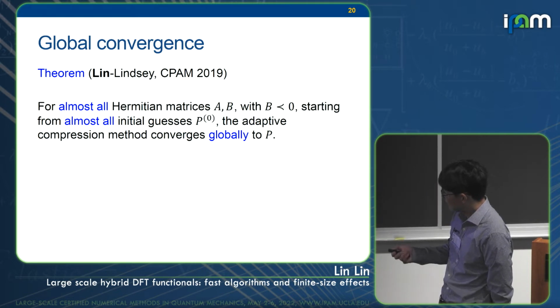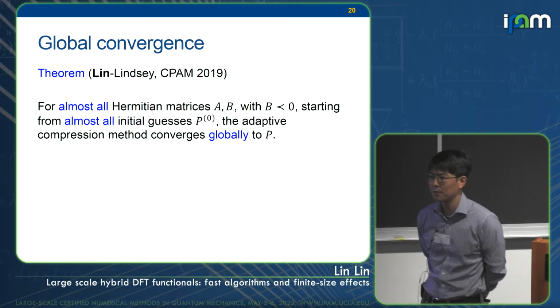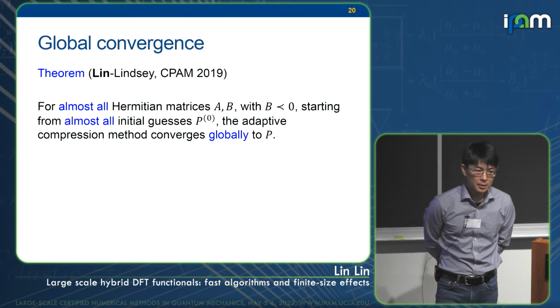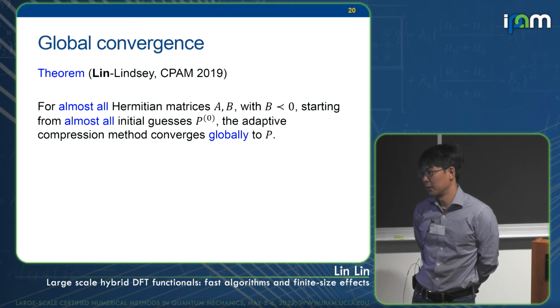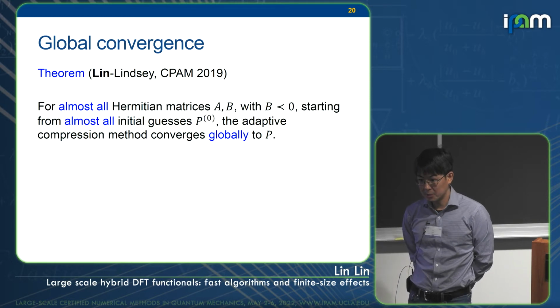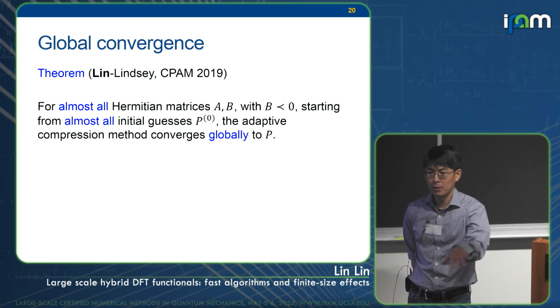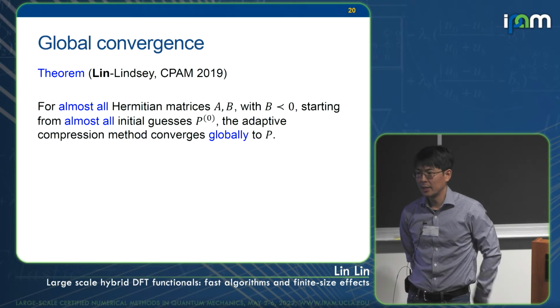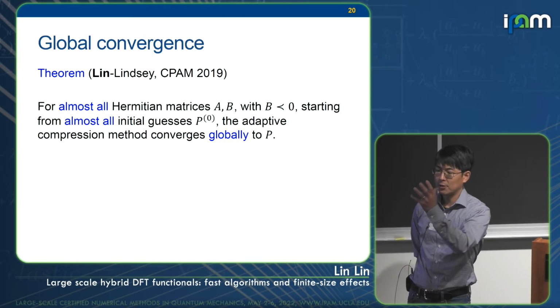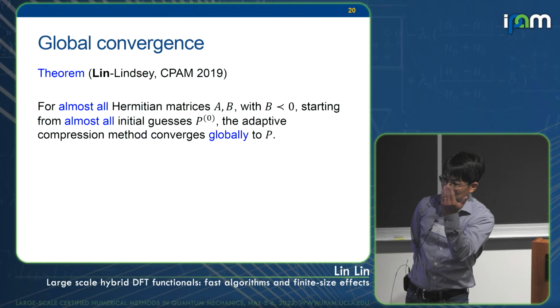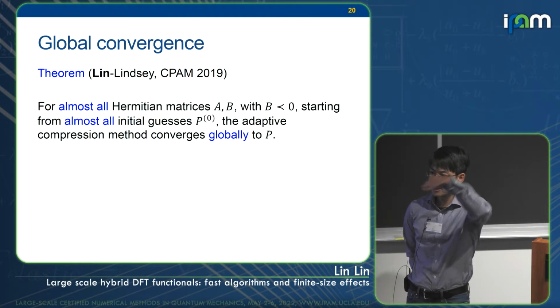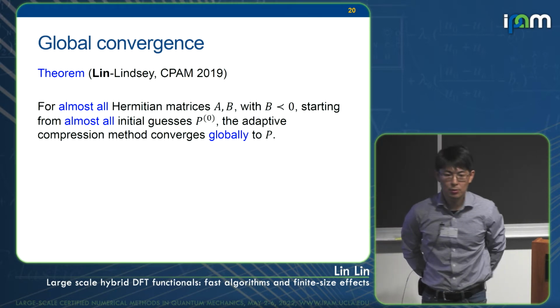Then starting from almost all initial guesses P0, this method converges globally to P. It sounds like a miracle, but the phenomenon is similar to the machine learning literature, where people say that the steepest descent method can converge globally to somewhere. The idea is that most of the other stationary points are not local minima. They're just saddle points. Therefore, you just perturb a little bit, and you will go away from the saddle and all the way to the local neighborhood.